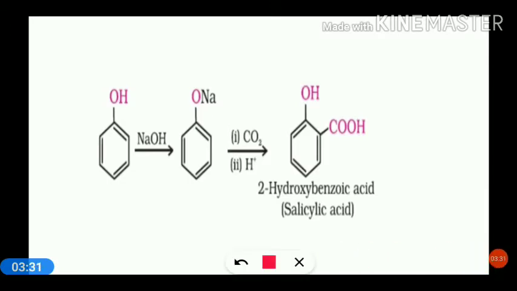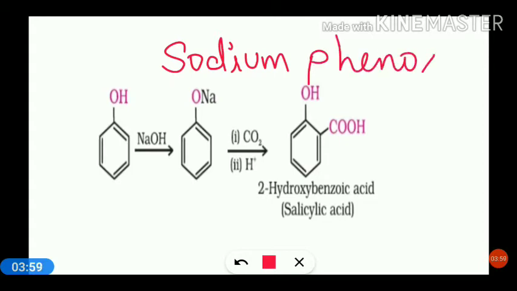You can see phenol when it reacts with NaOH, a water molecule will be removed and sodium phenoxide is formed. This intermediate is known as sodium phenoxide. Sodium phenoxide reacts with carbon dioxide first and then with HCl in acidic medium.